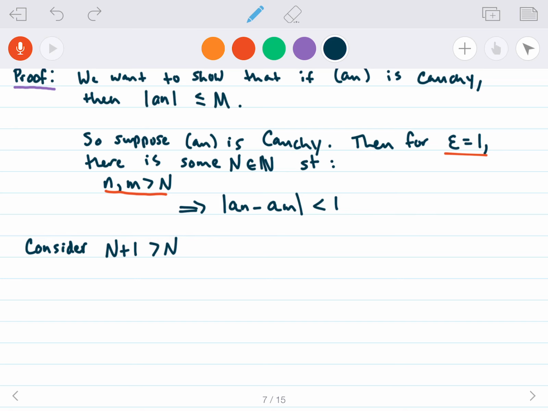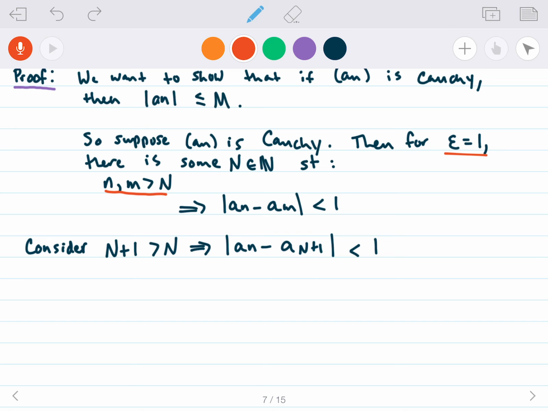So in particular, capital N plus 1 is certainly bigger than capital N. So this holds true in this instance. Okay, so this means that the absolute value of a sub little n minus a sub capital N plus 1 is less than 1. Okay, so we're just looking at a specific little m where that little m is capital N plus 1, right? This holds true for any index bigger than capital N.